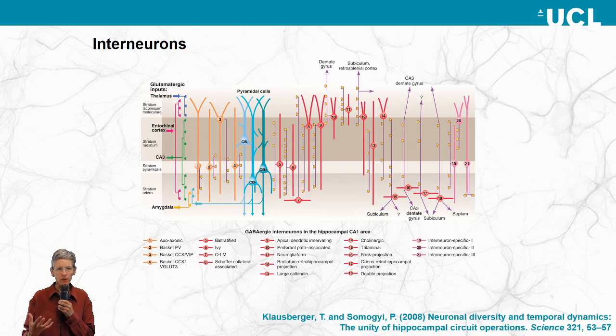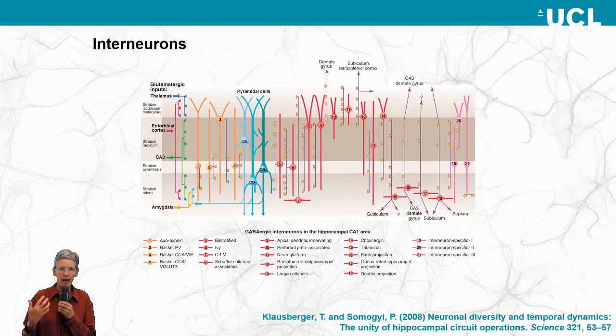But mingled in with all of these principal neurons are many, many other types of neurons called interneurons. And these are neurons that act locally. So instead of having these long axons that reach into other regions, they have short axons that reach locally and often quite branched. And these neurons are inhibitory.